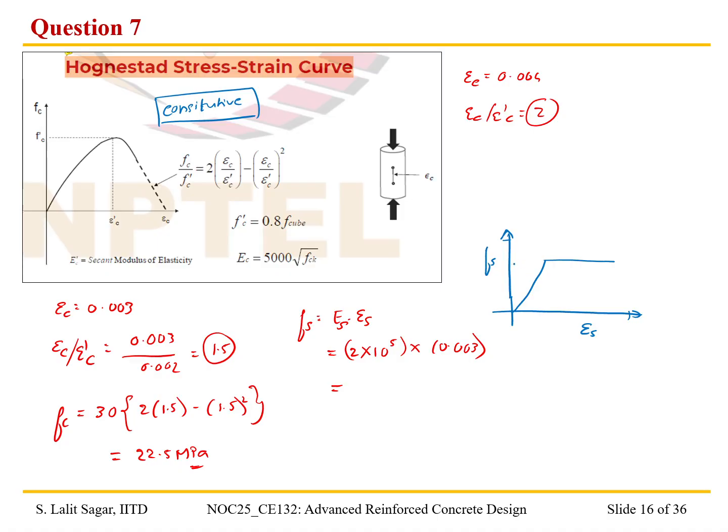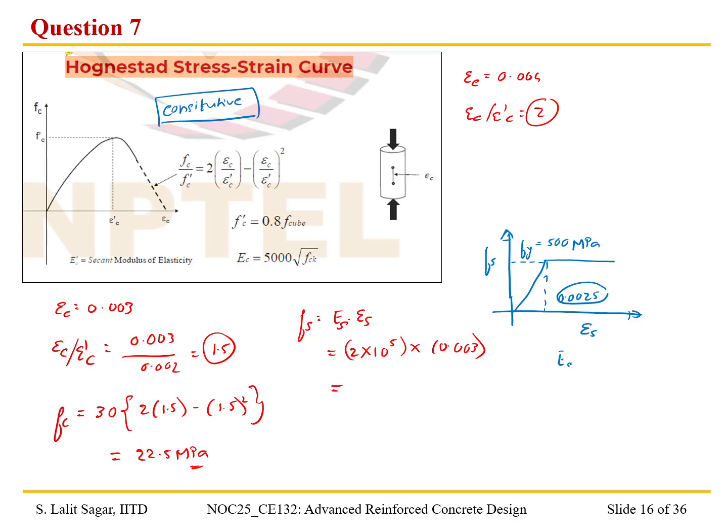Here we have the yield stress, Fy equal to 500 MPa, and the corresponding strain would be 0.0025. How do we get this strain? It is quite straightforward.